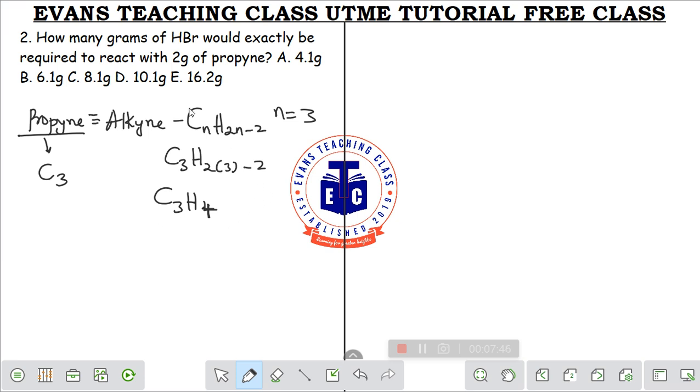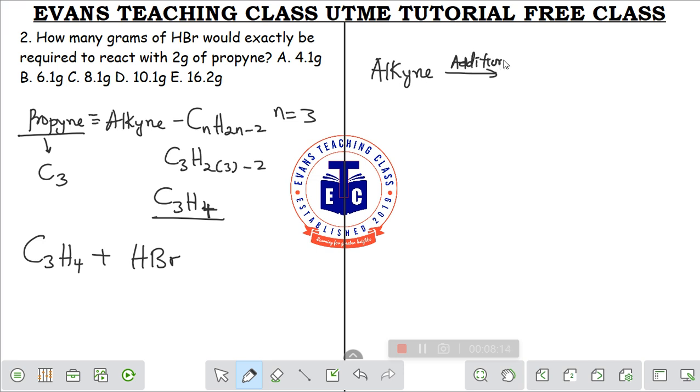Now what they are asking us is how many grams of HBr will exactly be required to react with 2 grams of propane. Now this question is actually tricky because you might be wondering what they are trying to tell us. What they are trying to tell us in this reaction is how much HBr you will use. You know that alkynes exhibit a reaction called addition reaction, right? So they have a triple bond.